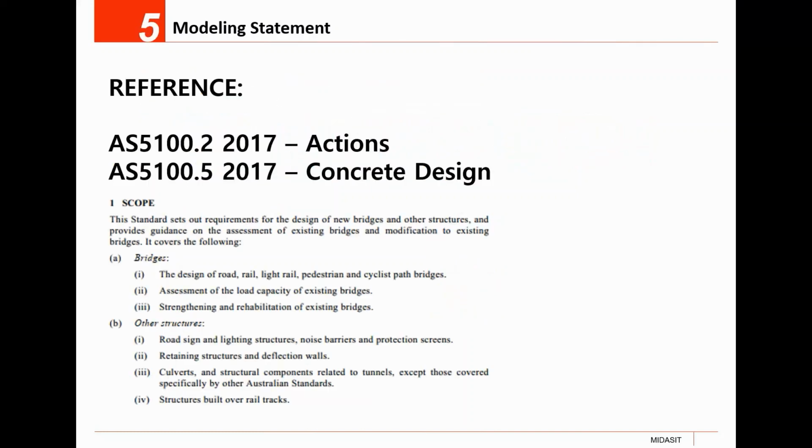All throughout this discussion, we would be referring to AS5100 year 2017. We will be mostly referring to AS5100.2 and AS5100.5, referring to the loads and to the concrete design.